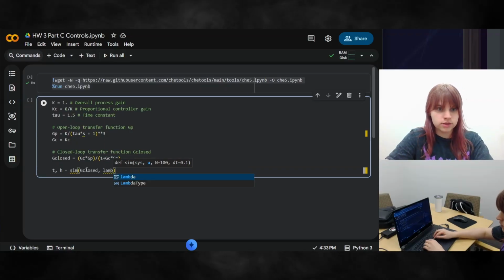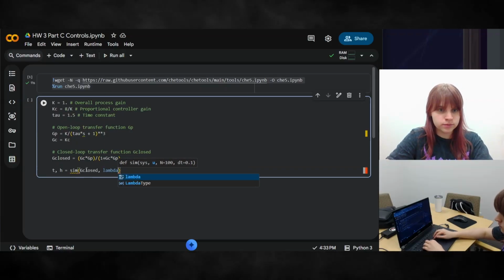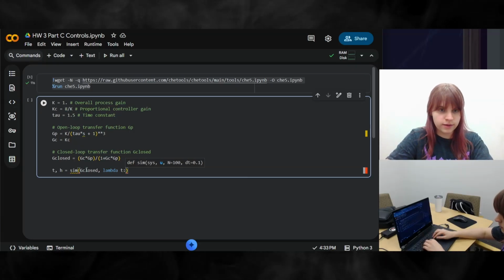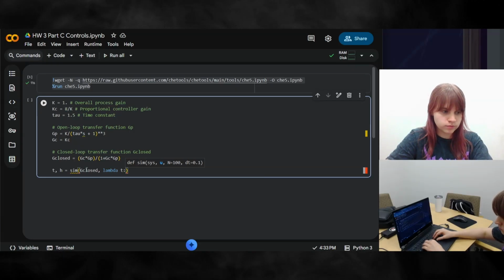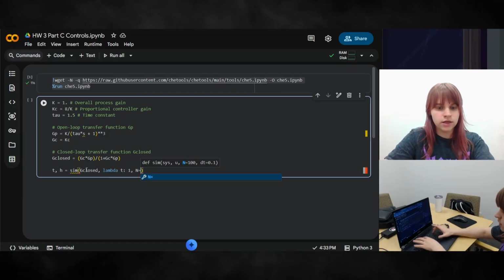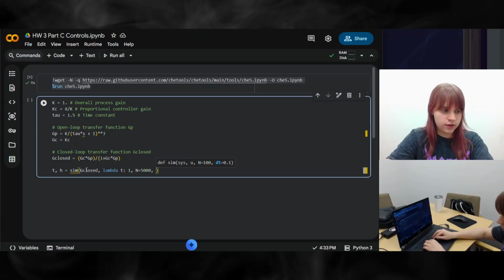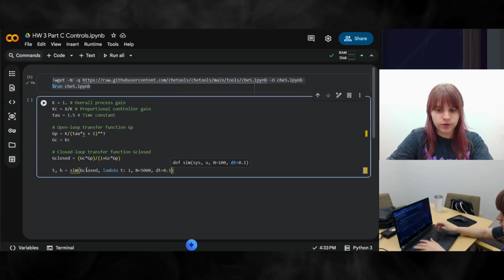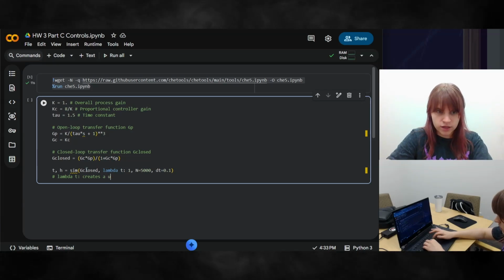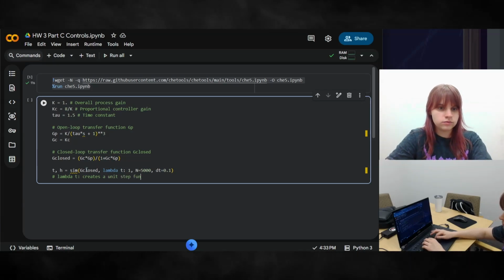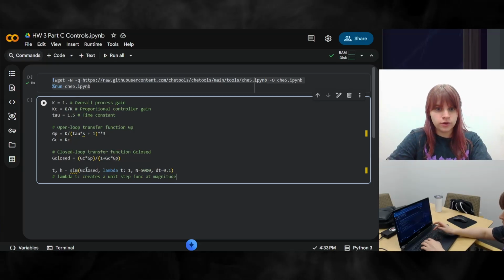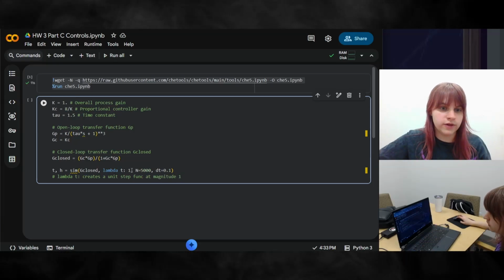Our lambda is equal to, our lambda here, t, 1, and I'll explain what this means in a second. N is equal to 5,000, and dt is equal to 0.1. This lambda t colon creates a unit step function at magnitude 1, which we defined with this 1.